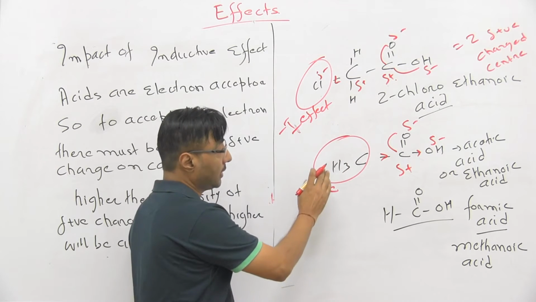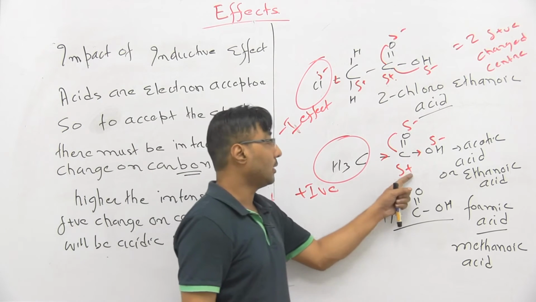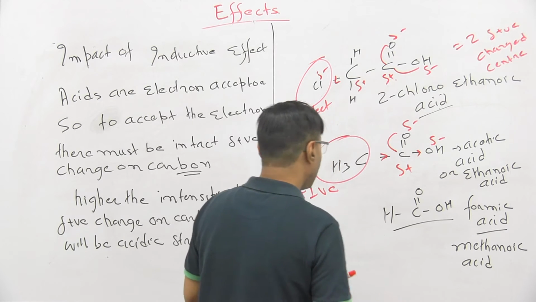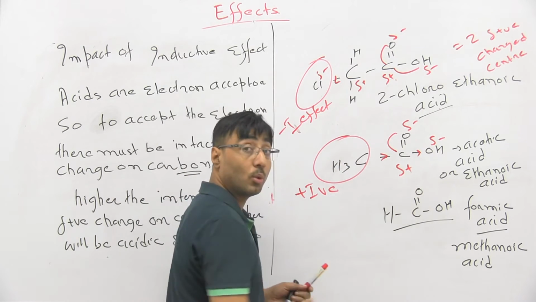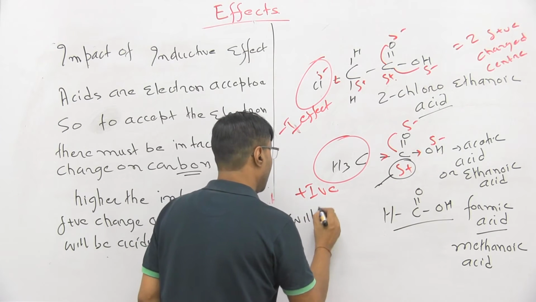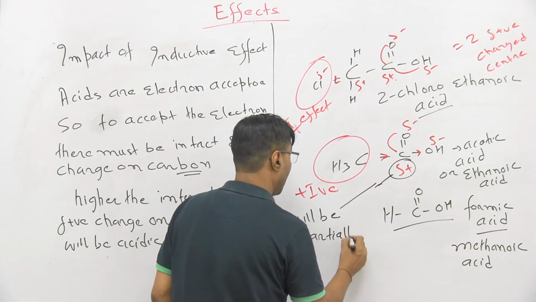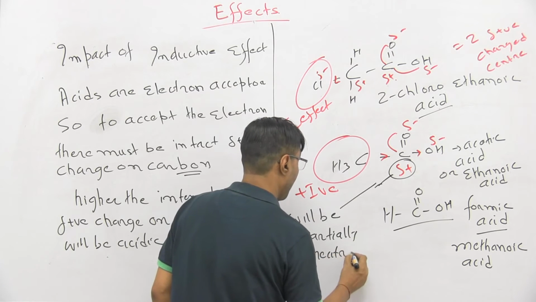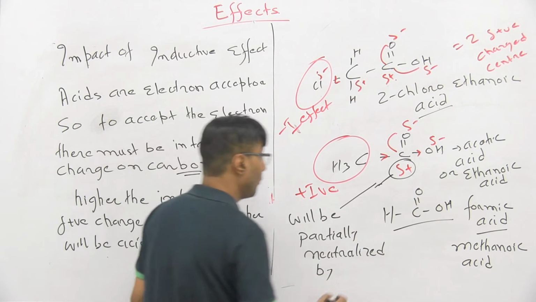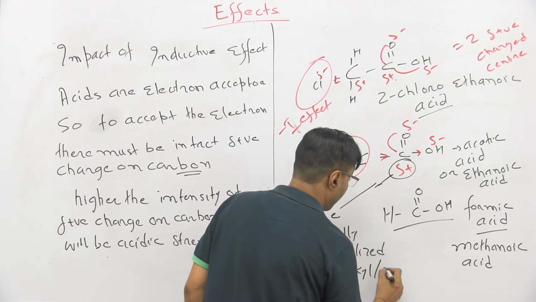So this CH3 will push the electron towards the delta positive, and the delta positive charge will be partially neutralized by the alkyl group or methyl group.